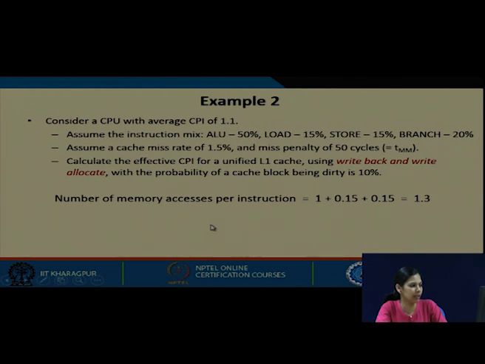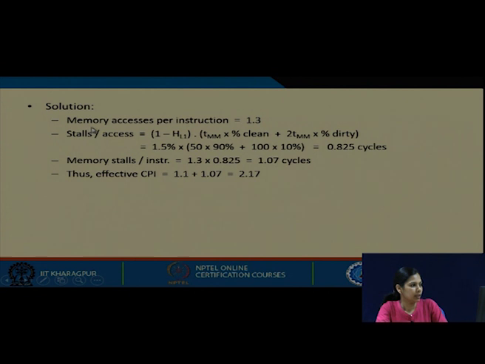So, the number of memory accesses per instruction will be 1 plus 0.15 plus 0.15, that is 1.3. Stalls per access will be 1 minus hit ratio of L1, into TMM, into the percentage of time it is clean, because when it is clean, we have to write it only once.